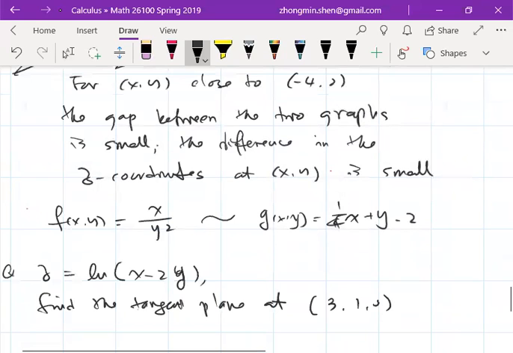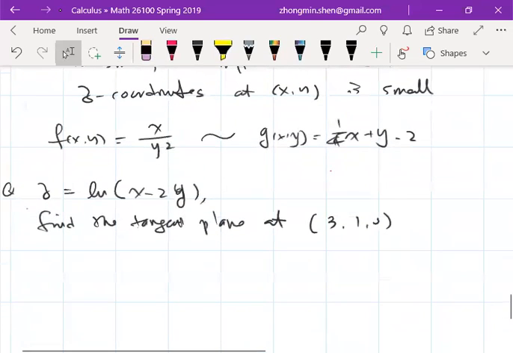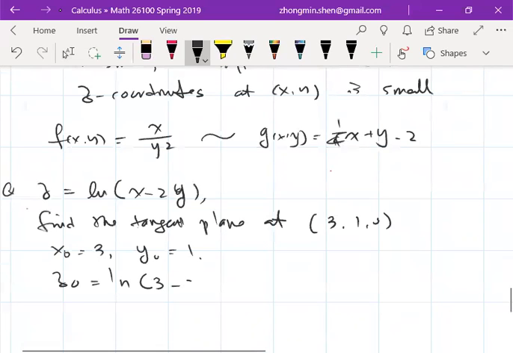Indeed, this is a point, and you can double check. It's natural log of 3 minus 2 times 1, which is natural log of 1, which is 0. Indeed, this is a point on the graph of the function.